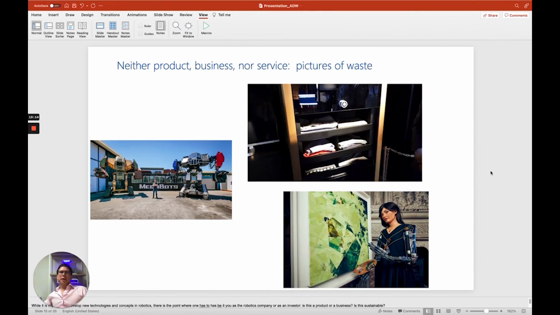So these are examples of things that are neither product nor business nor service. I call these pictures of waste. A laundry folding robot, which cost, I don't know, $10,000 when it was released. Megabots, which were supposed to entertain people.